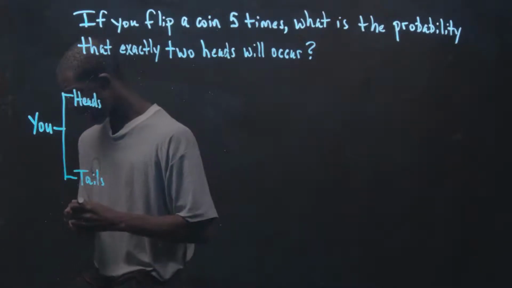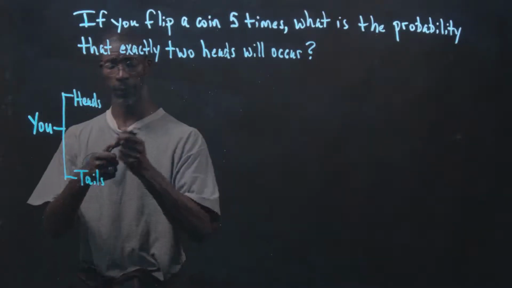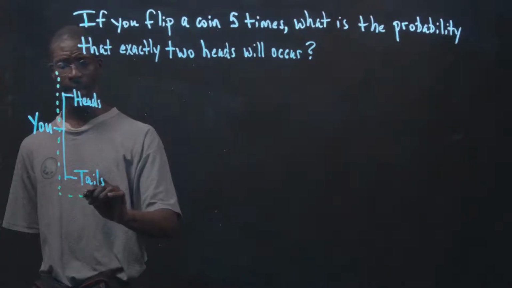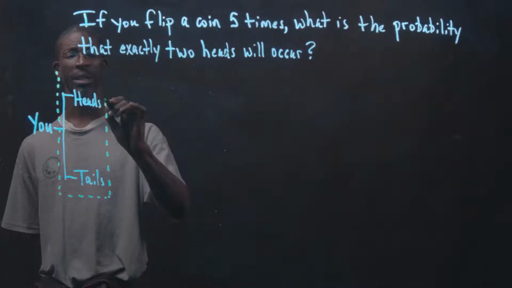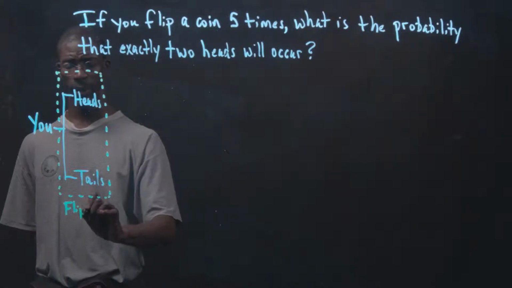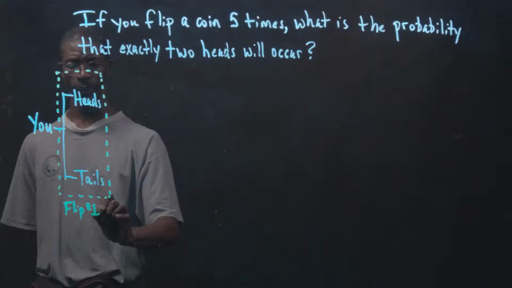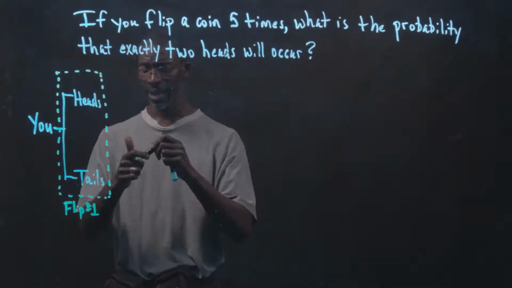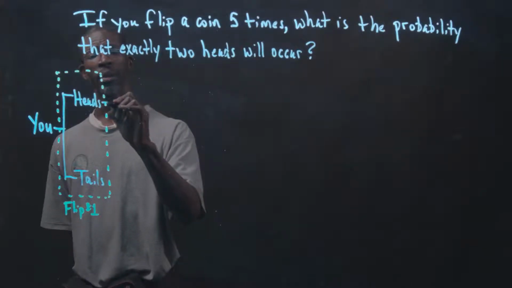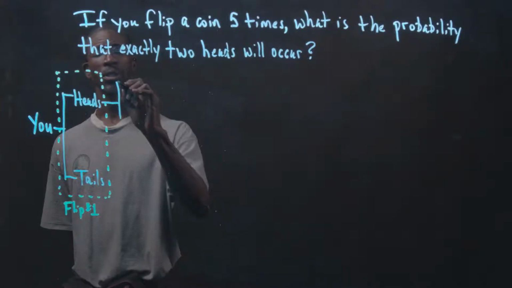And this I will identify as flip number 1. And I will label it so that it's easy for us to keep up with. This is flip number 1. Then from here, we'll have the next flip, which will be another set of 2 options.